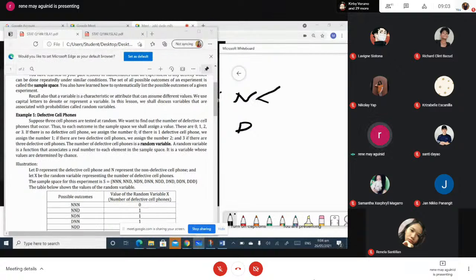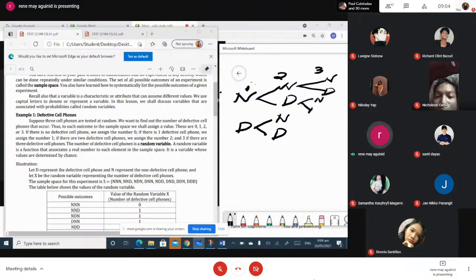Then for your second choice, there are also 2 choices you can pick, either an N or a D, a defective and a non-defective. For your third choice, you still have two to choose from, an N or a D. Here an N or D, here an N or D, this is also an N or D, and lastly, an N and a D.